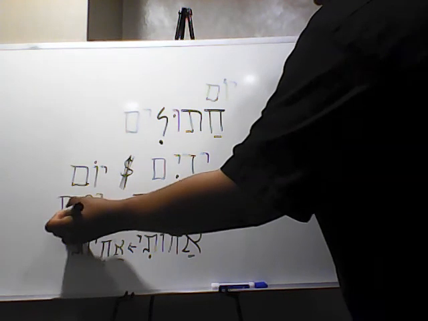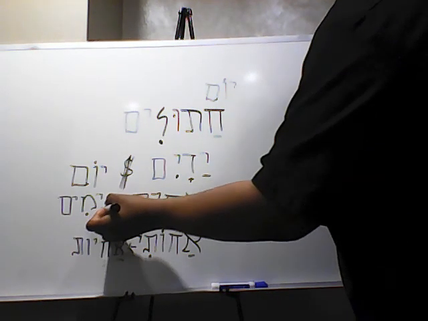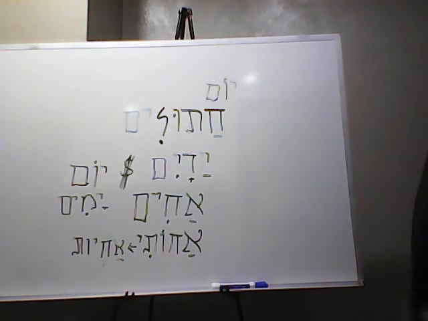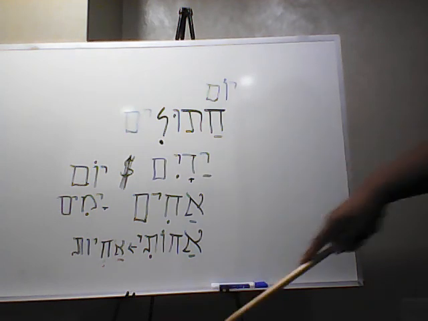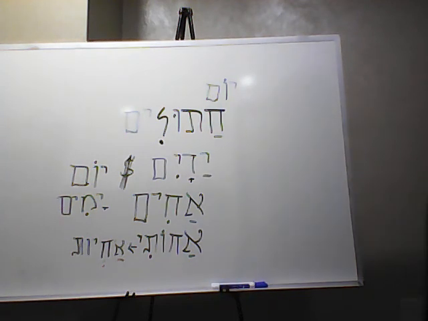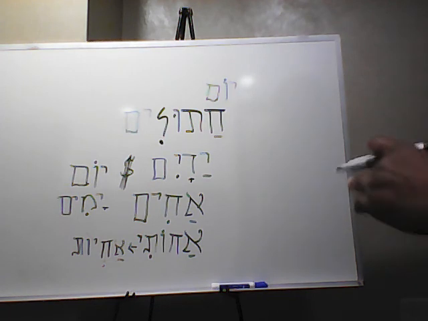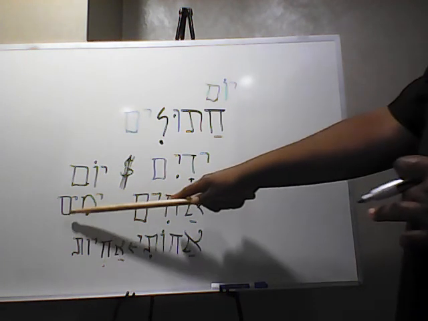Yamim means days. Yoms is not the Hebrew word for days. You cannot add S to any Hebrew word and get the pluralization. You don't want to mix the English and the Hebrew like that. Yom is day, yamim means days.